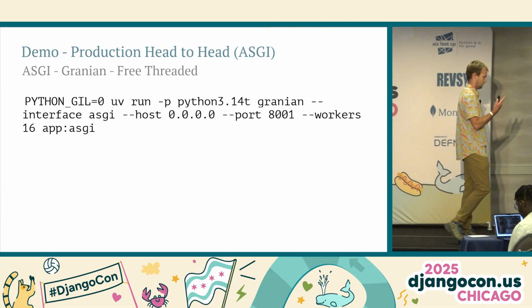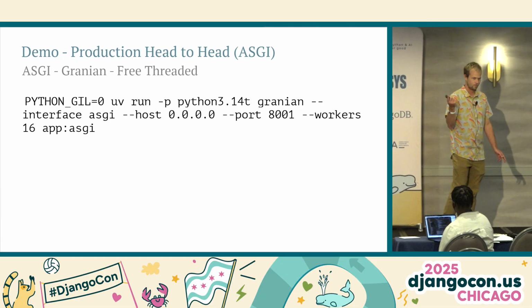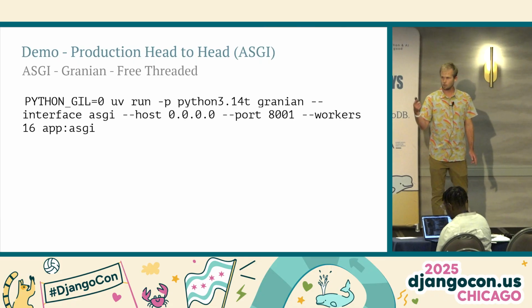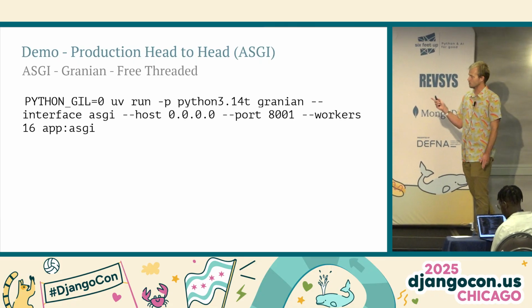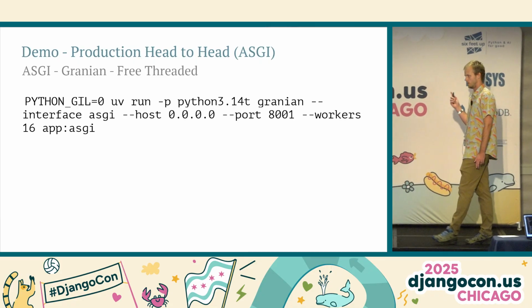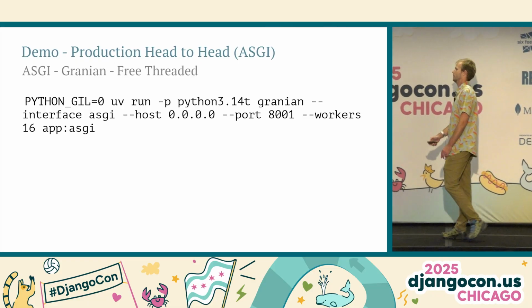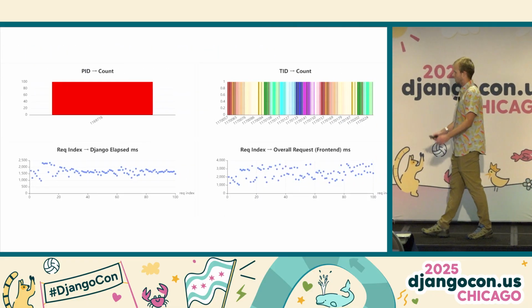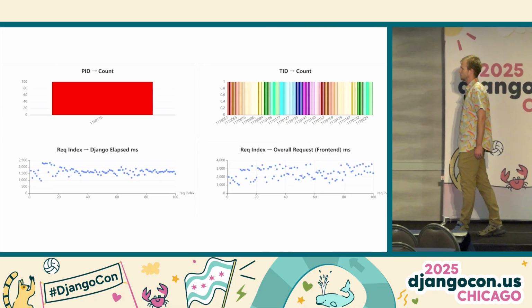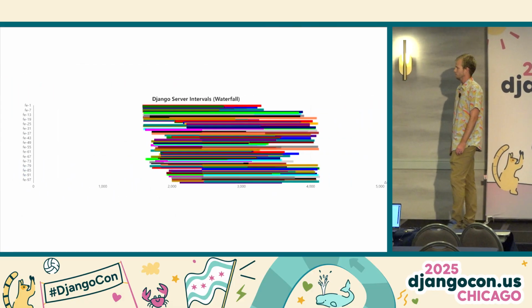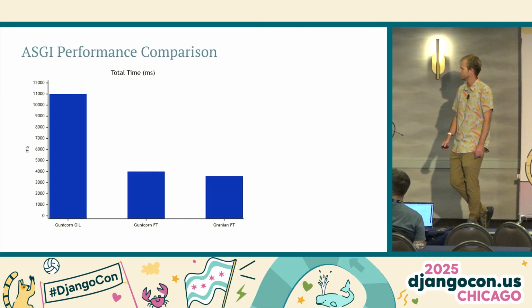And then Granian, a newer option. Granian's focused on ASGI, so this is where it claims to be quite performant. My initial experiment seemed to validate those claims. It did things actually a little bit faster.